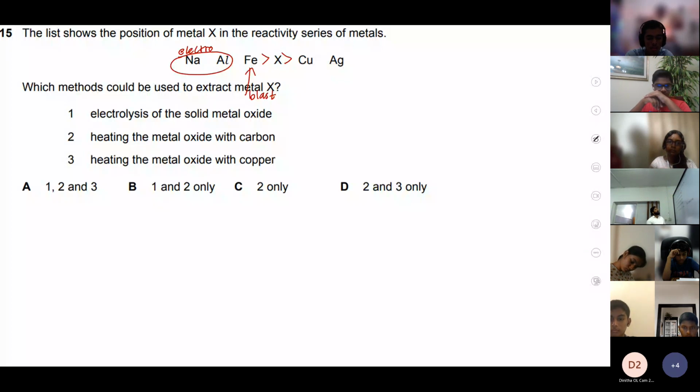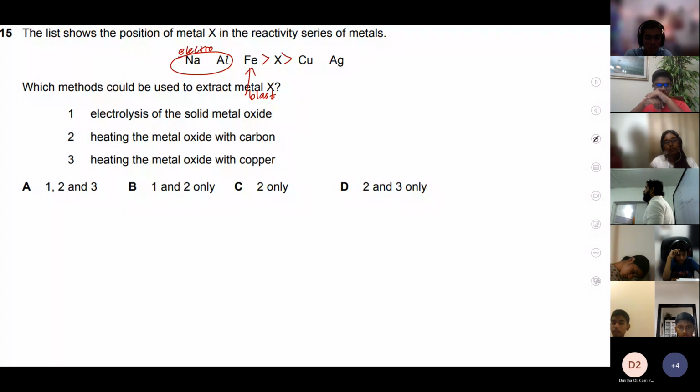Let's see. Which methods could be used to extract metal X? Electrolysis of solid metal oxide. Now, if we use electrolysis, you can obtain any metal, no doubt, depending on what physical states you are going to work in. Sodium, aluminium should be molten, right?